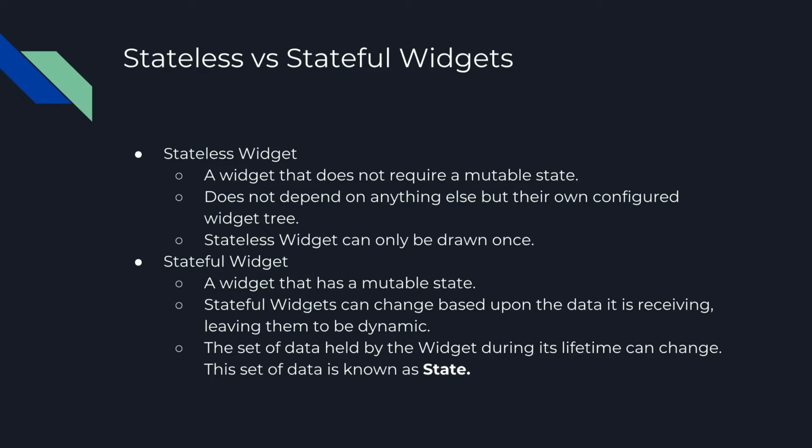So if you're interacting with a database or an API or user input, like you type in, hey, my name is blah, and you have a text widget that says welcome, and then whatever the user put in as their name, that's what it says after welcome, you would use a stateful widget for that. So from user inputs, from database queries, from API calls, you would want to use stateful widget.